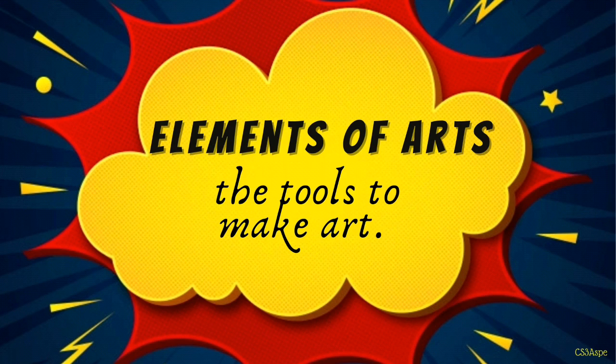Elements of art are stylistic features that are included within an art piece to help the artist communicate. The elements of arts are the building blocks used by artists to create a work of art. These are the tools to make an art.